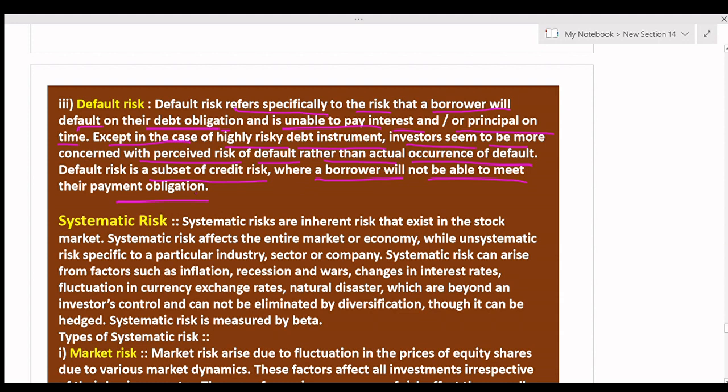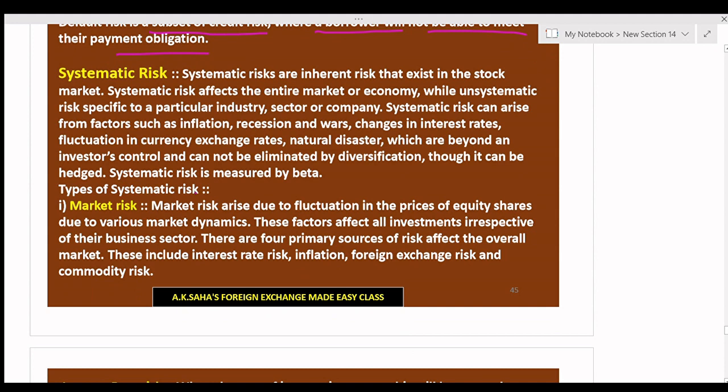Next come systematic risks. Systematic risks are inherent risks that exist in the stock market. Systematic risk affects the entire market or economy, while unsystematic risk is specific to particular industries, sectors or a company.